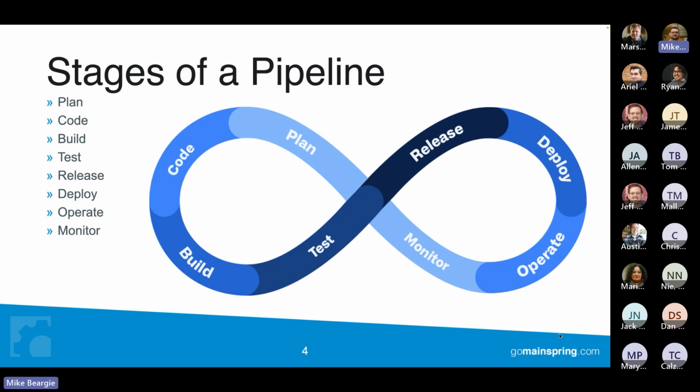But ultimately, the plan is to come up with an approved set of criteria that the dev team is then going to take and build, and that moves into the code stage. Coding is your average putting things together, making things work. Building is kind of taking that built code and compiling it together and turning it into an application that can be tested.